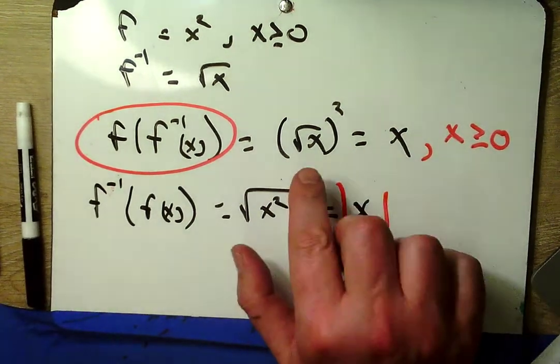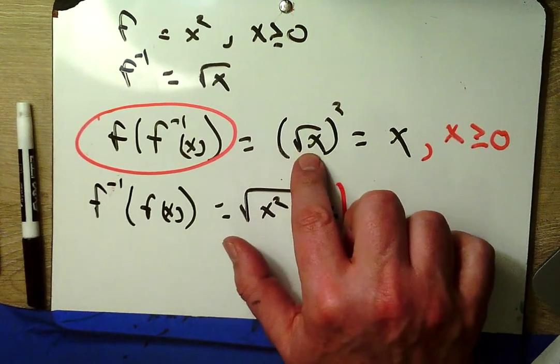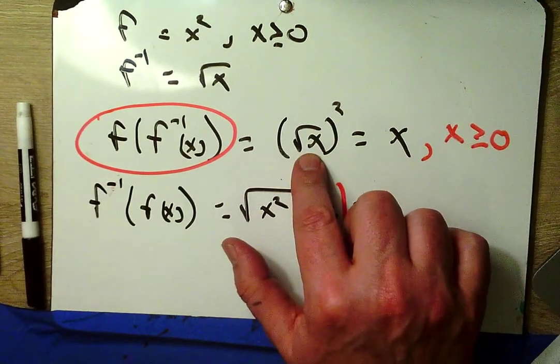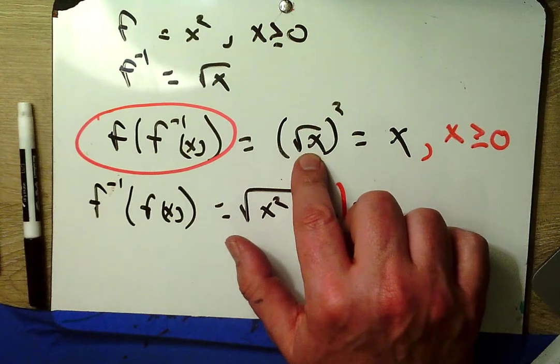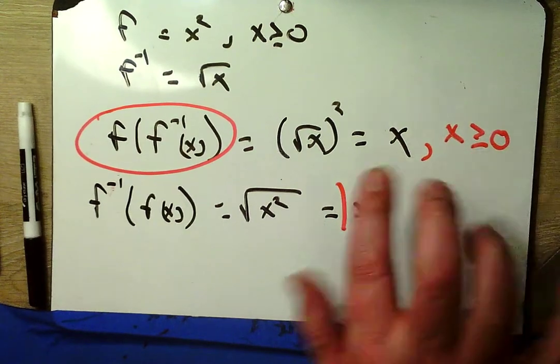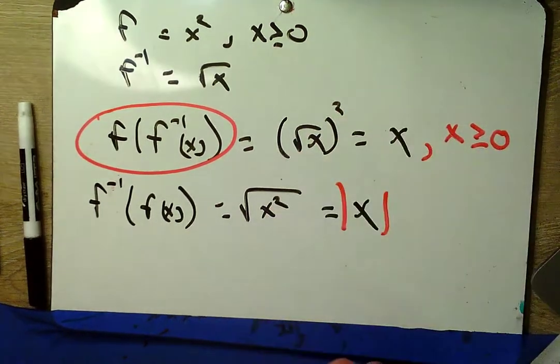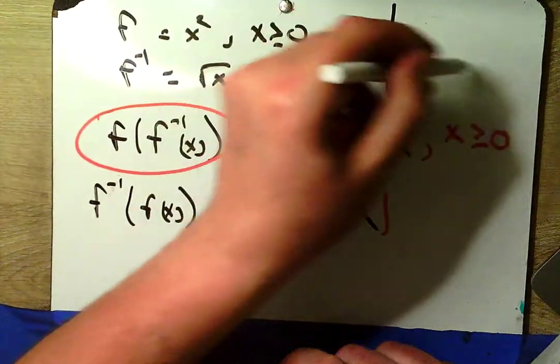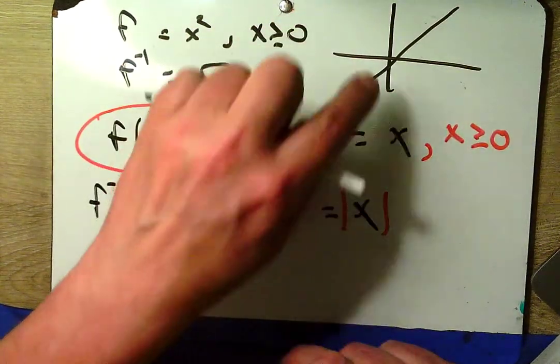So this inside function is a square root. Can I plug a -1 in? No, I can't. And that's why I have to have this. So sure, square root and squaring undo each other, but I don't get y equals x.